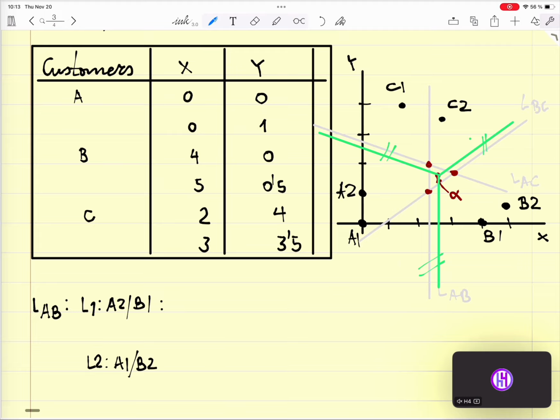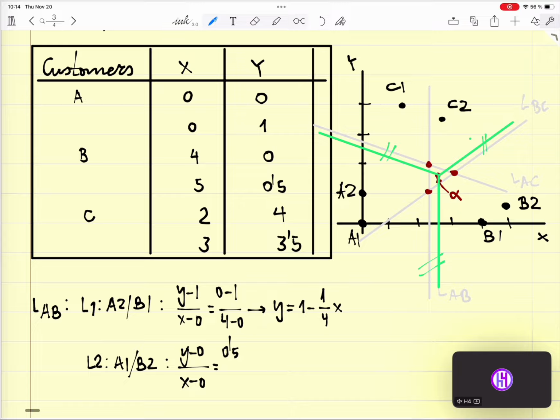So the first line is (y minus 1)/(x minus 0) equals (0 minus 1)/(4 minus 0), giving y equals 1 minus 1/4 x. The second line is (y minus 0)/(x minus 0) equals (0.5 minus 0)/(5 minus 0), so y equals 0.1x.